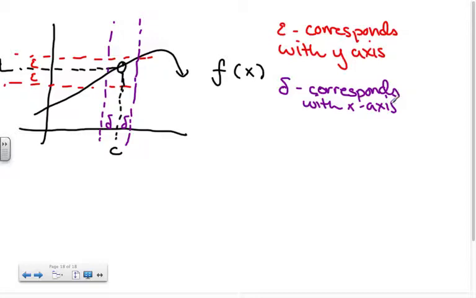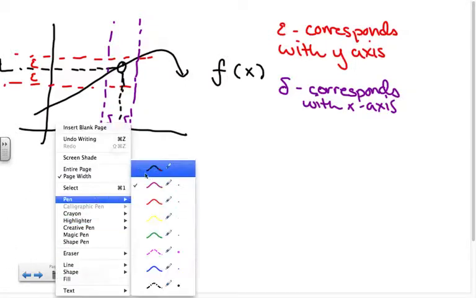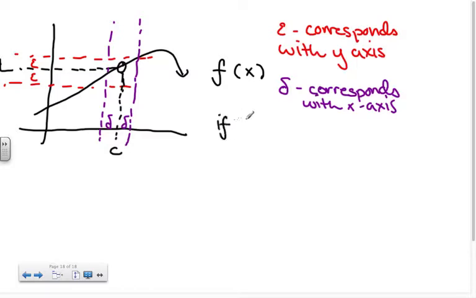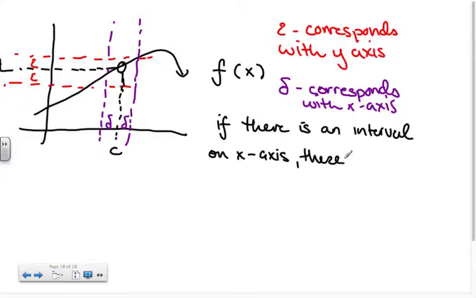So the idea here, I'm going to put this in normal English: if there is an interval on the x-axis, there is an interval on the y-axis.